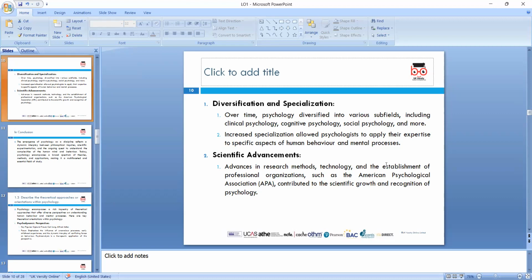The scientific advancements in the field of psychology, advances in research methods, technology, and the establishment of professional organizations such as APA, American Psychological Association, contributed to the scientific growth and recognition of psychology.